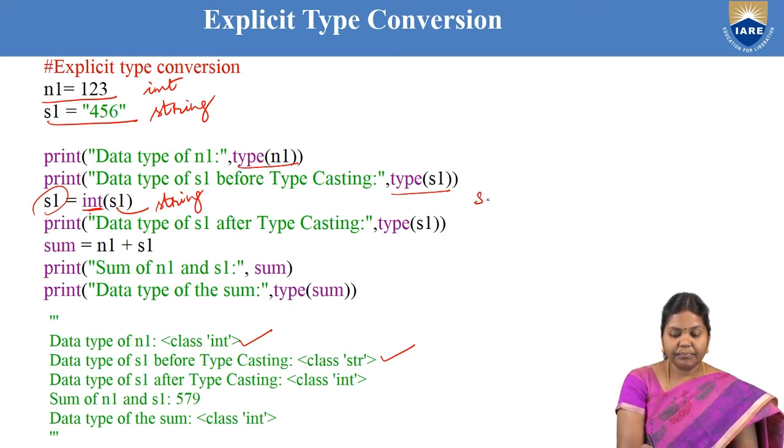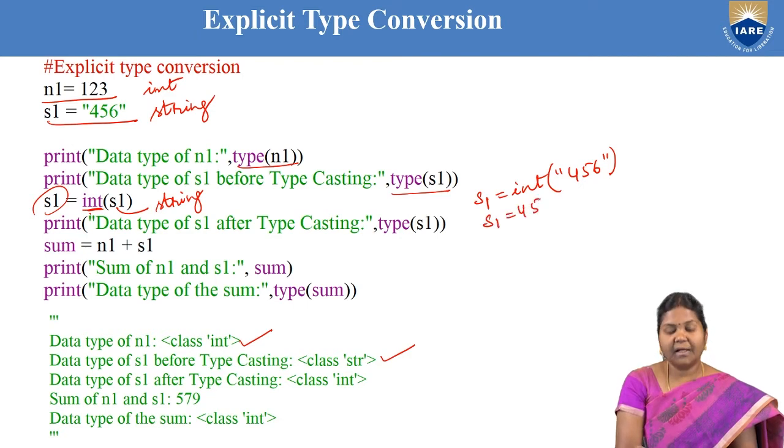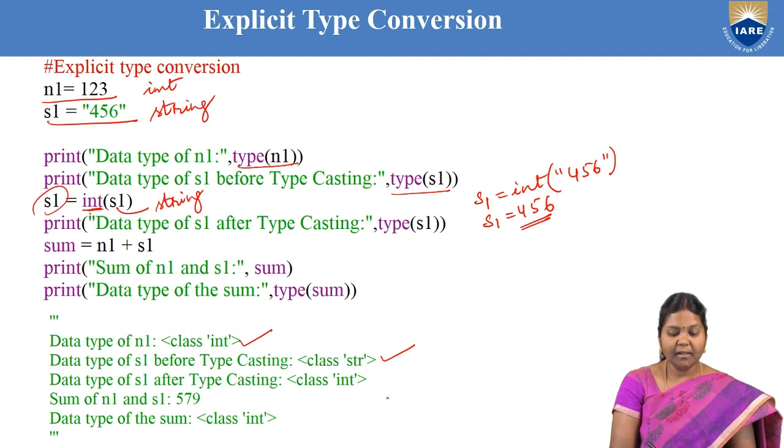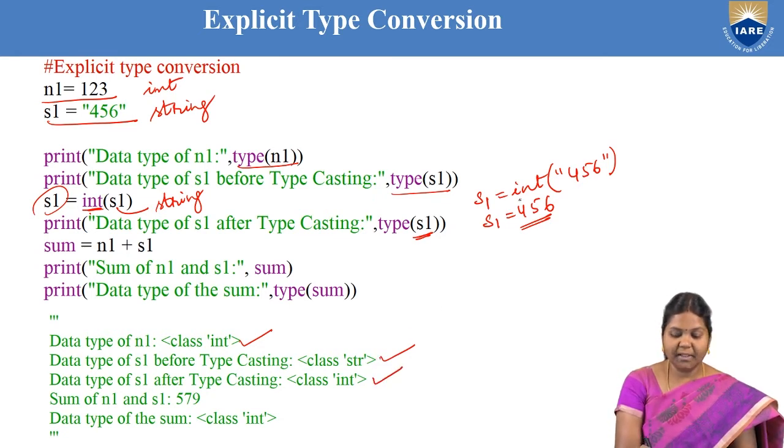Now S1 is int of the string 456, which was a number string earlier. So S1 contains the integer 456 after conversion. Now check the data type of S1, because you have used the same object name. Earlier it was string type, now it becomes integer type because you have stored an integer into S1. So S1 belongs to class int.